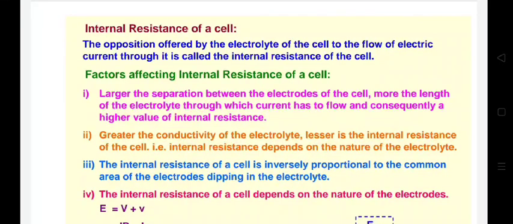the greater the conductivity of the electrolyte, the lesser is the internal resistance of the cell. That is, it is dependent upon the nature of the electrolyte.